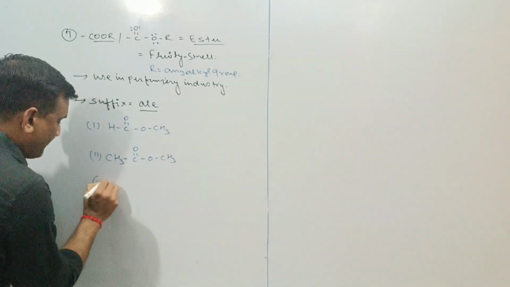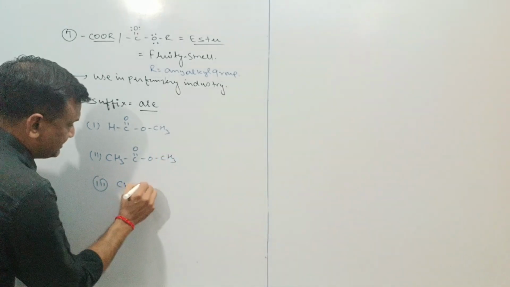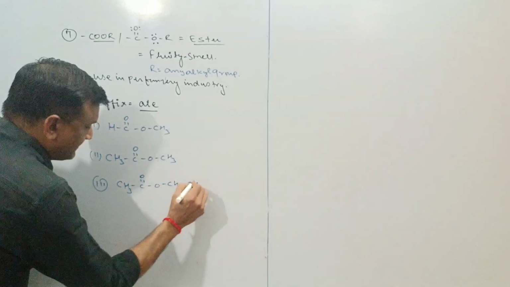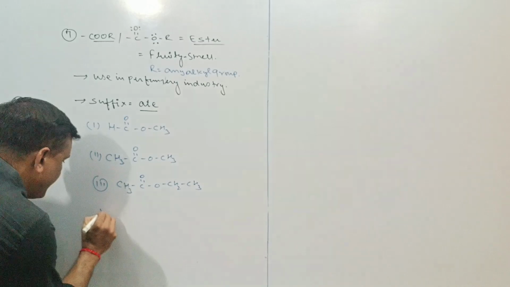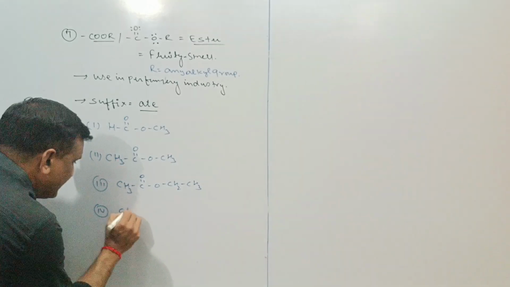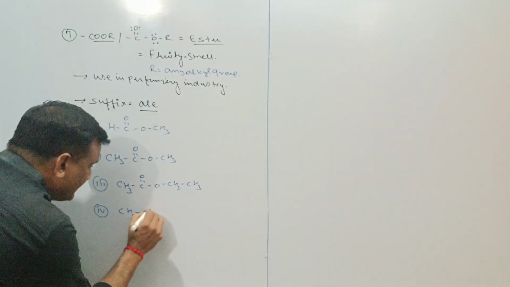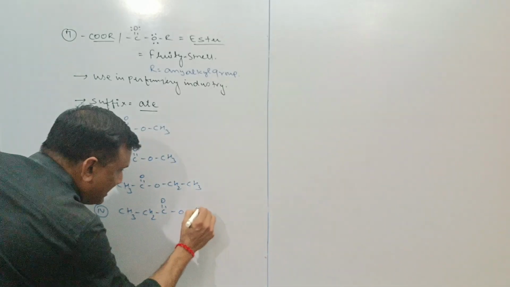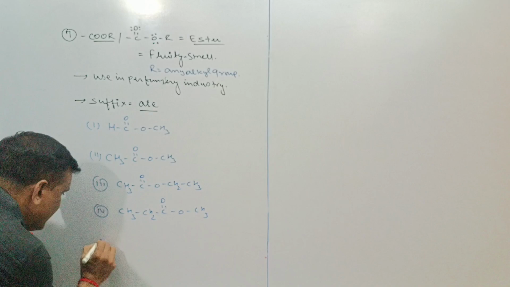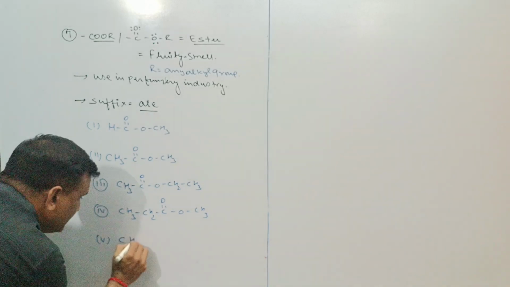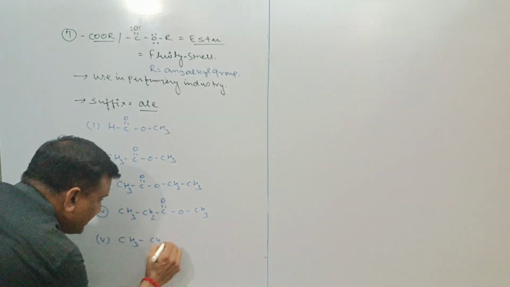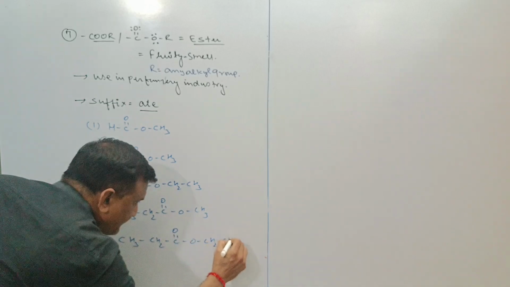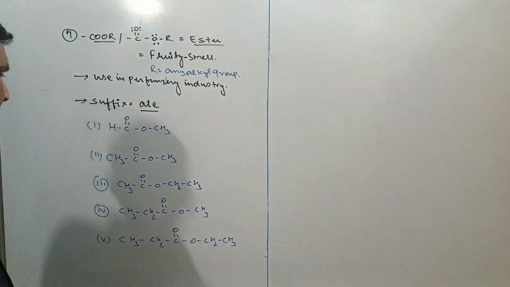The next compound, CH3COOCH2CH3. The fourth, CH3CH2COOCH3. The fifth compound, CH3CH2COOCH2CH3.